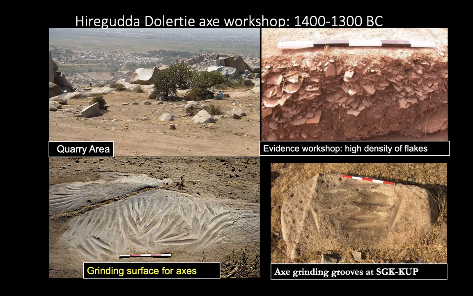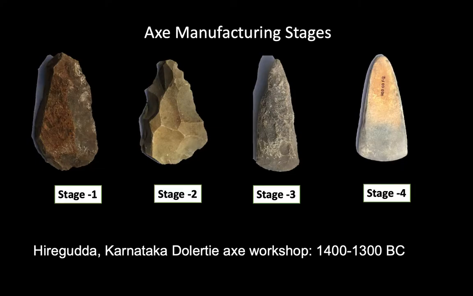These are the remnants of the grinding surfaces for the axes. The axes were ground here, so multiple axes were ground in this area, and these are the marks over the outcrop. The granitic outcrops were used for grinding. That is the evidence here.